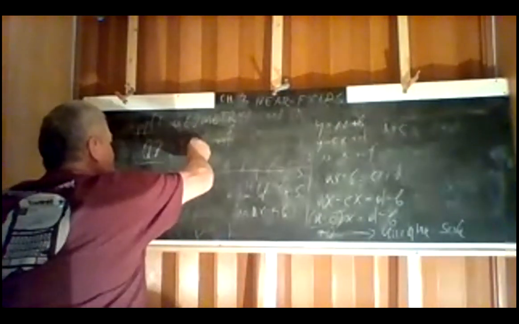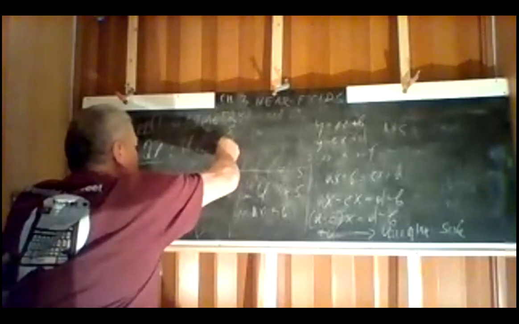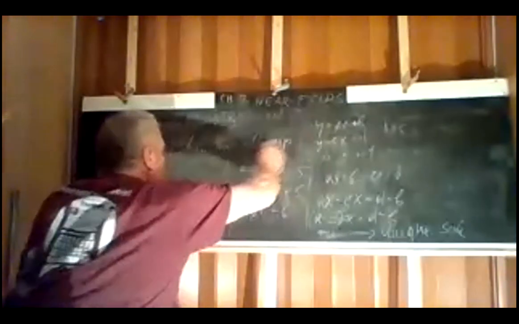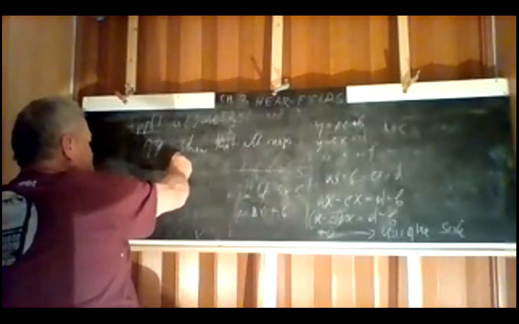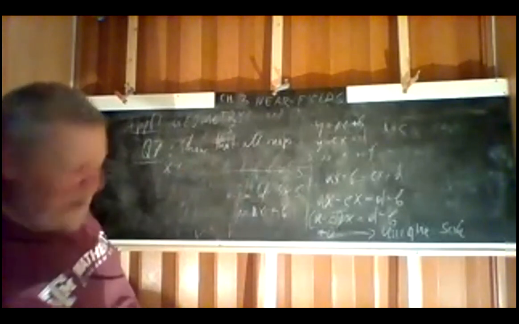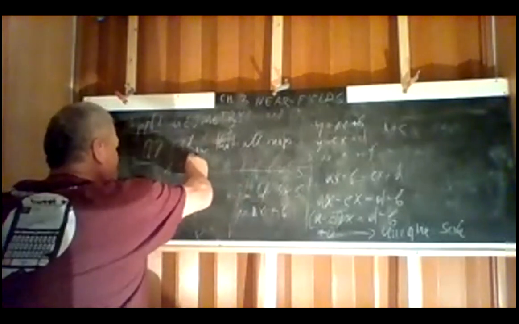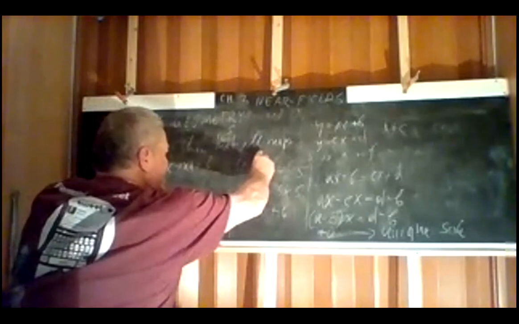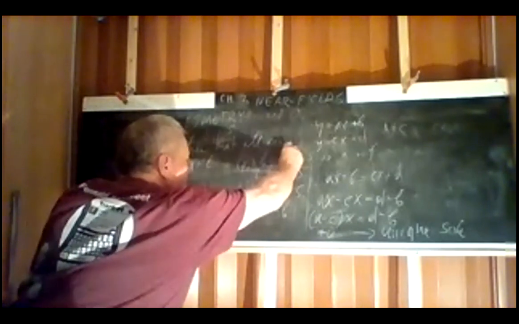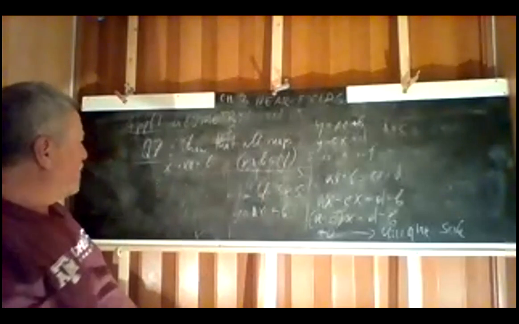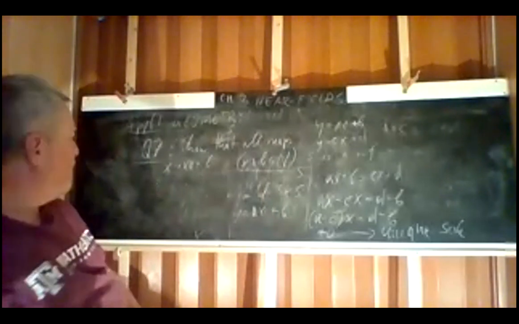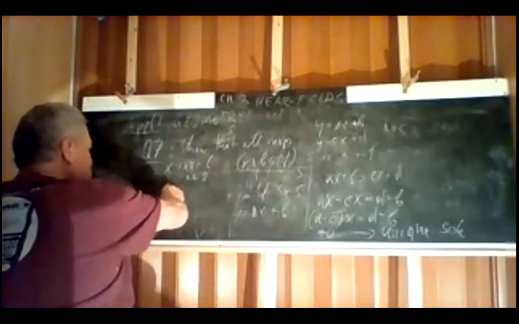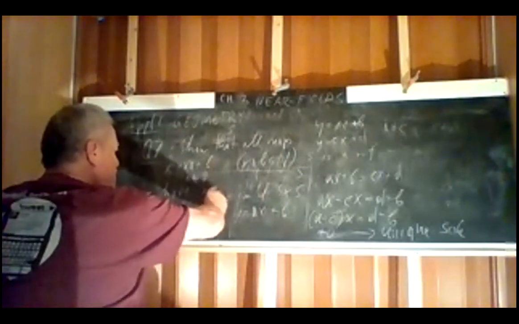Show that all maps of the form x goes to xa plus b, where x, a, b are in the near field N, and where a is unequal to 0, have no fixed point.